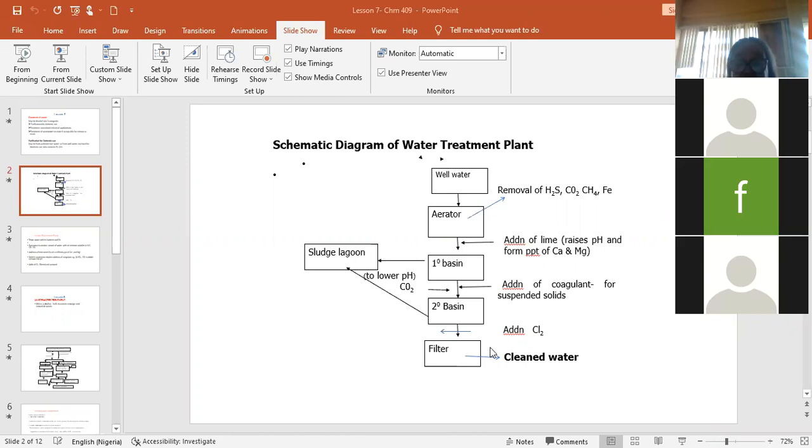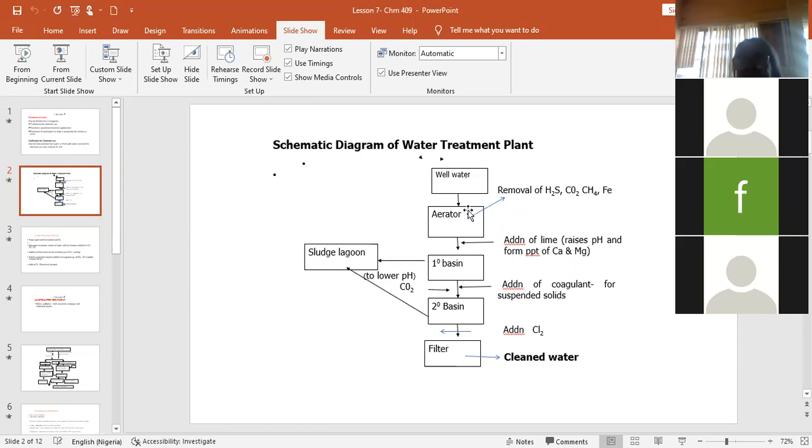It also removes any other coloring matter. So the water you have will be no color, no odor. It removes excess chlorine, it removes odor, and it removes the color. So what you now have is clean water. This is what is done in a water treatment plant.